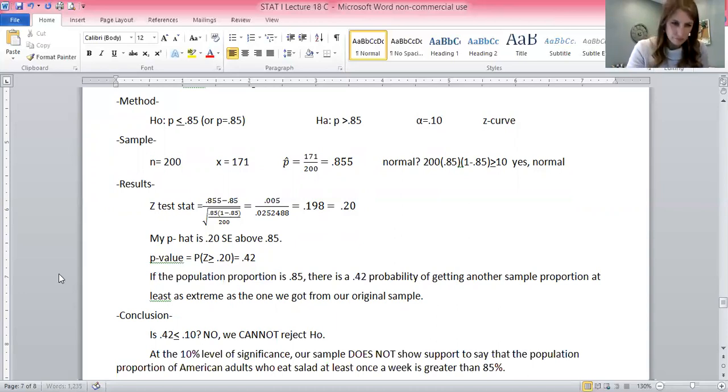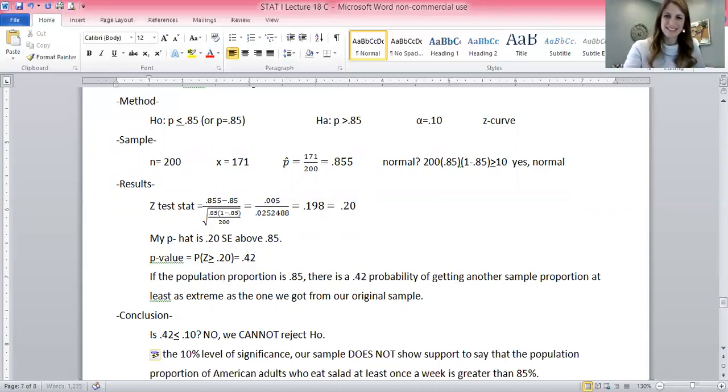Okay. There it is. There's our statement, and it has everything we're looking for.